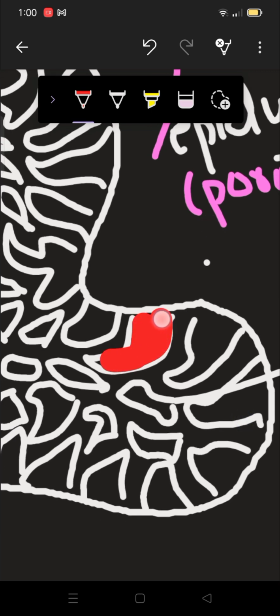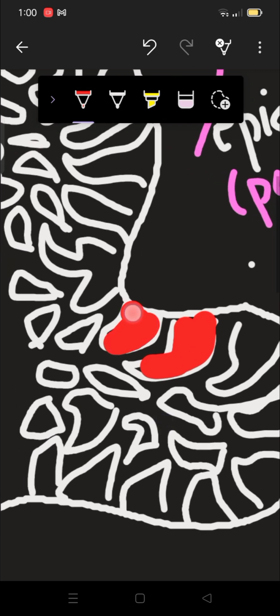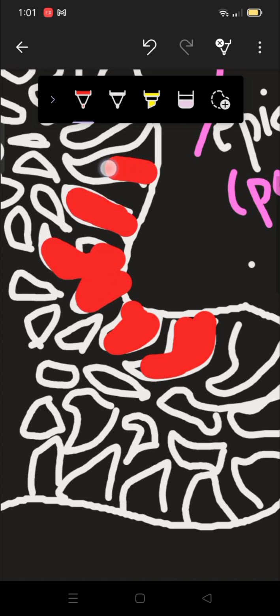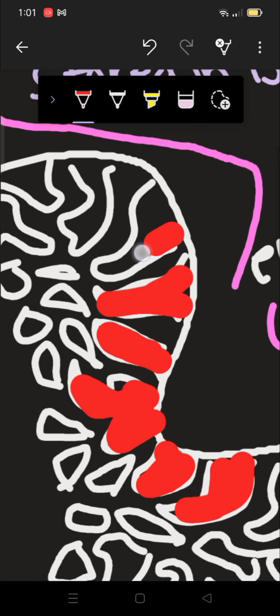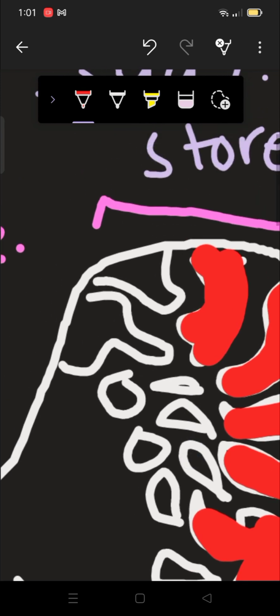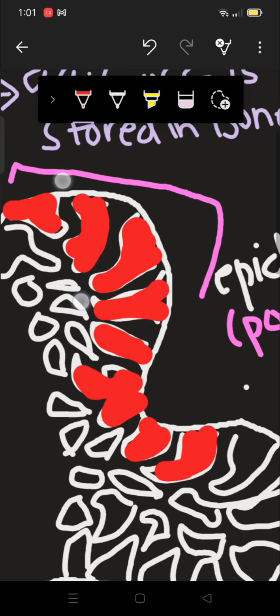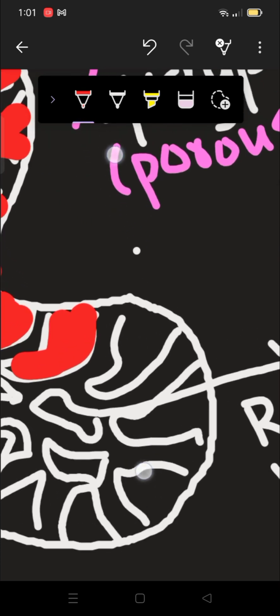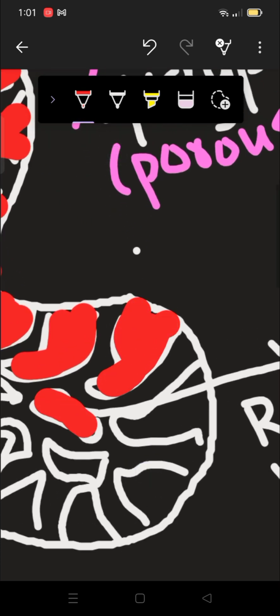Here we have the red, red, red, red. All these structures are red, and this is red bone marrow. As you can see, these are red bone marrow.